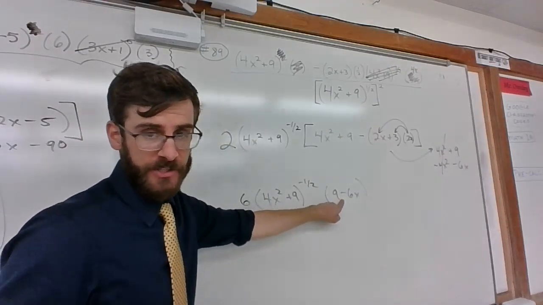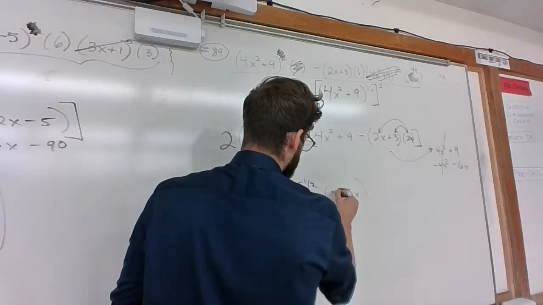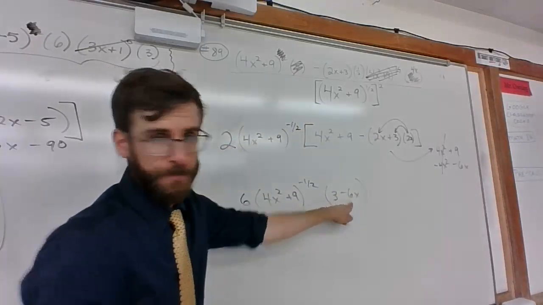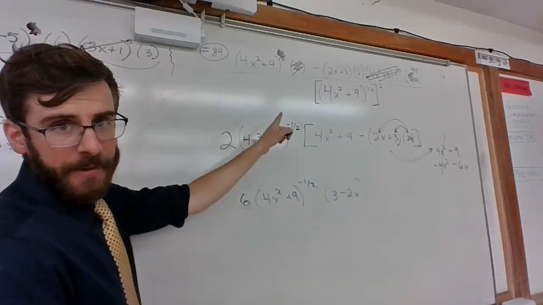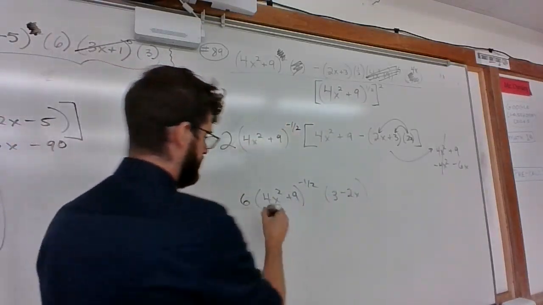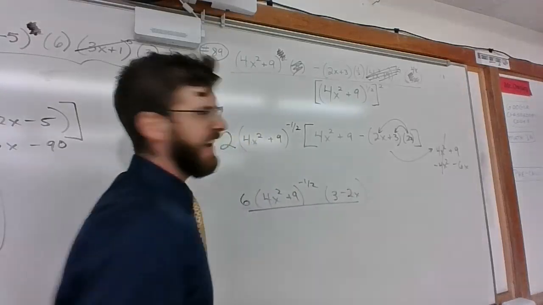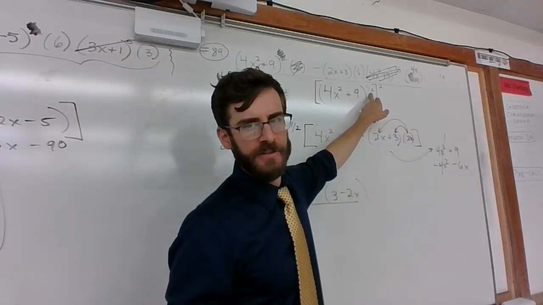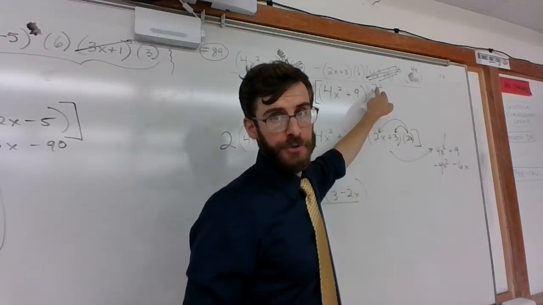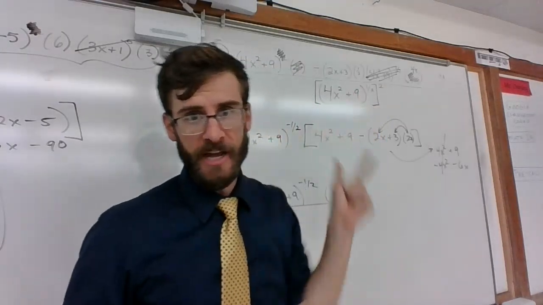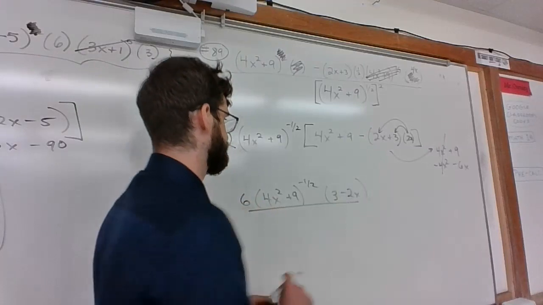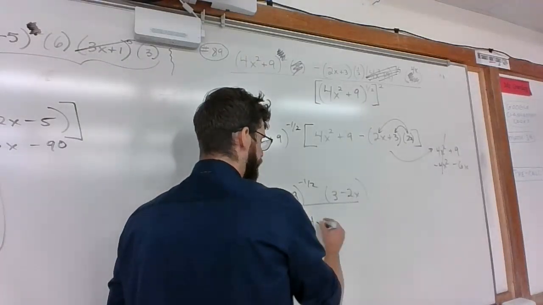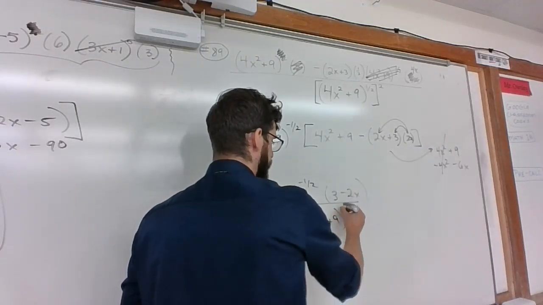So 9 divided by 3 is 3. 6 divided by 3 is 2. And now you've got a denominator of 4x squared plus 9. Oh yeah, and it's to the half squared. Remember, a power to another power, you just multiply those together. So a half times 2 is 1. So it's over 4x squared plus 9 to the 1 power.